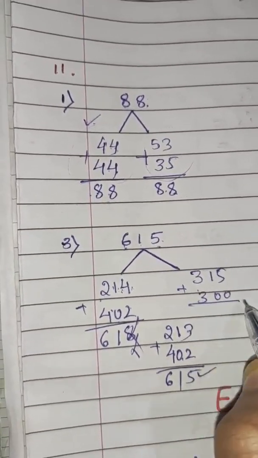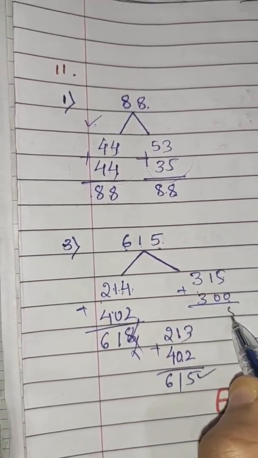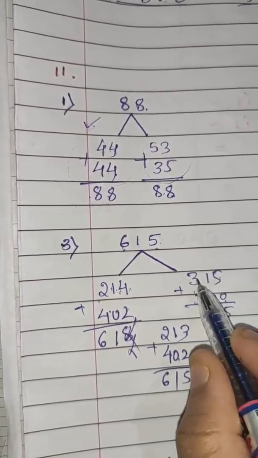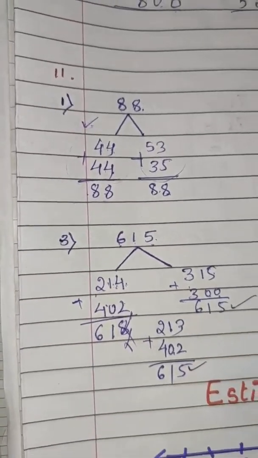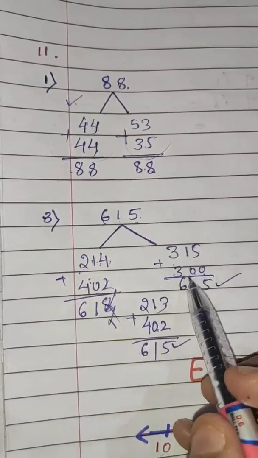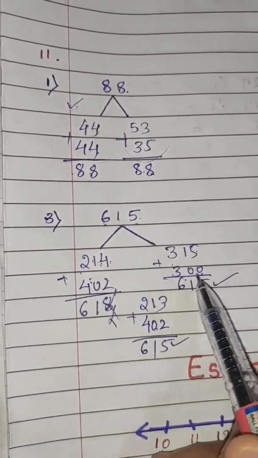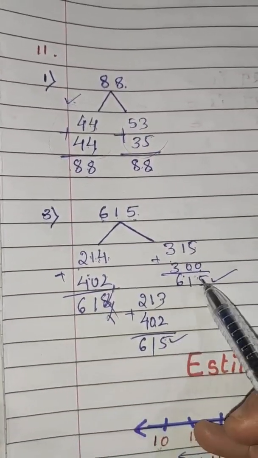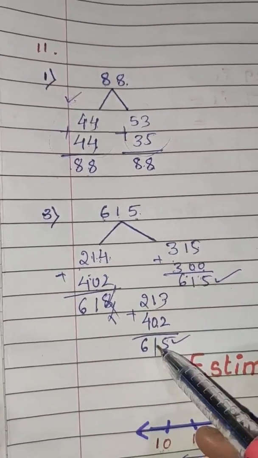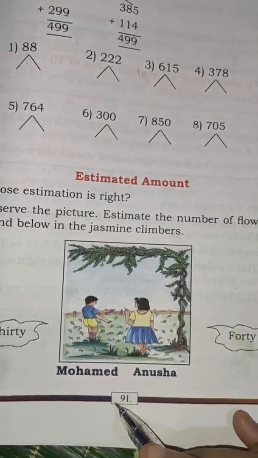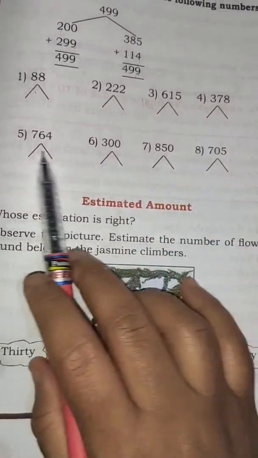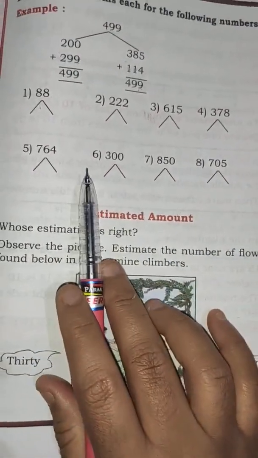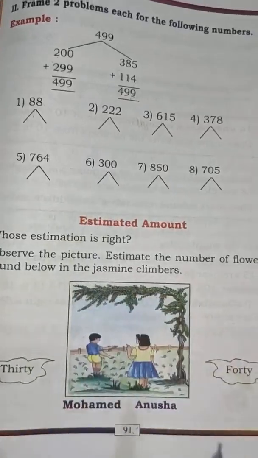Let us see. 5 plus 0 is 5. 1 plus 0 is 1. 3 plus 3 is 6. Means it is also correct. So here we framed two questions and we got the same answers after adding. Right? Understood, children? So here in page number 91 you are having some more problems. So try to solve it by yourself only.